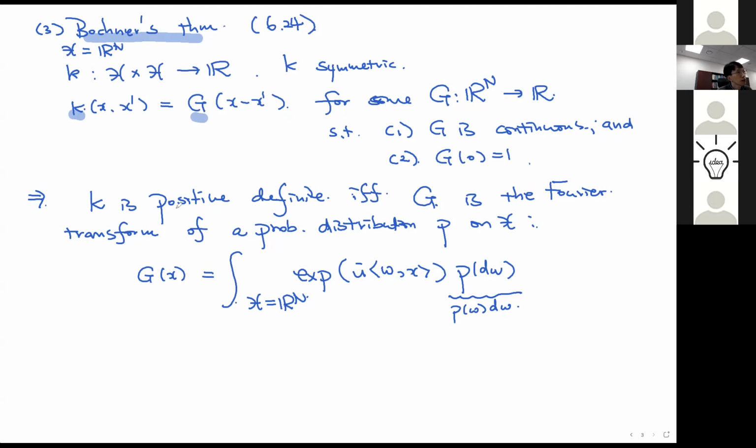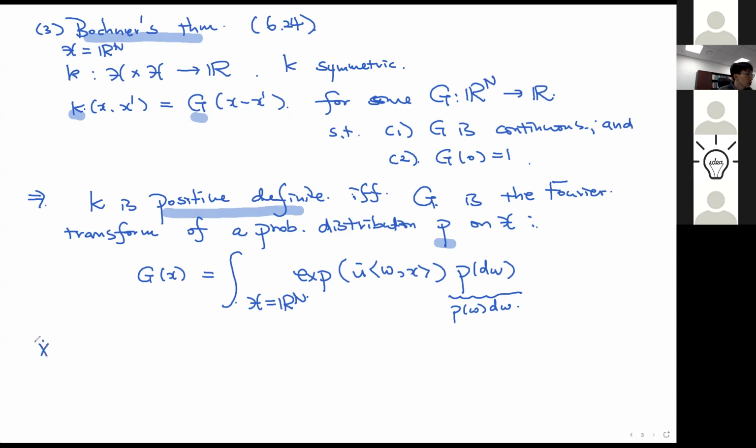Then the positive definiteness of K is related to the form of g, and g has to be the Fourier transform of some probability distribution P. Something more useful for us is to express this Fourier transform more directly. If K is positive definite, then it's a Fourier transform.